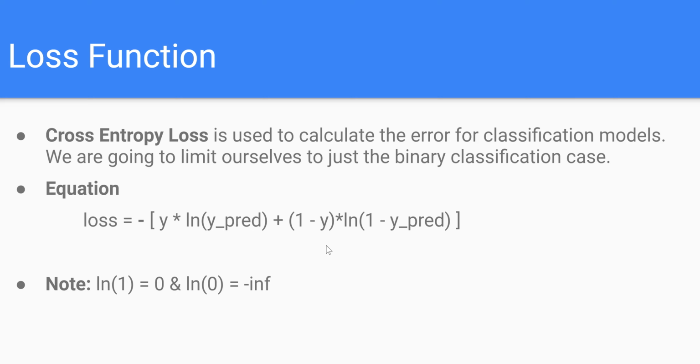A couple interesting things to note about this is that if the actual label for that example is 1, then this whole side right here collapses to 0 because we plug in the actual label here for y, which is equal to 1. 1 minus 1 is 0, and then 0 times anything is 0.